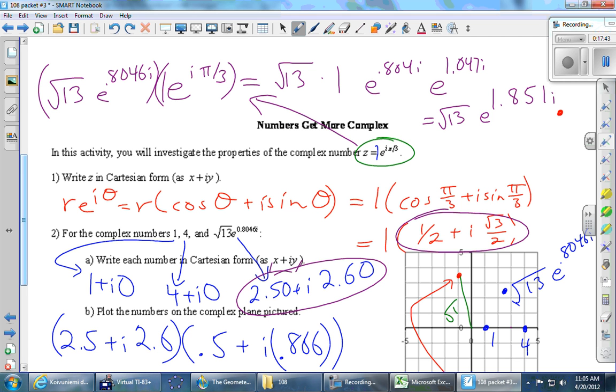That's a root 13. Then I've got this 1.85 in front of an i. What is that? That's the angle. It's 1.85 radians. Remember we said that pi over 2 is the straight up angle, and that's about 1.57. So 1.85 is a little bit bigger than this 1.57. So I'll go ahead and put it in there. That is your angle.